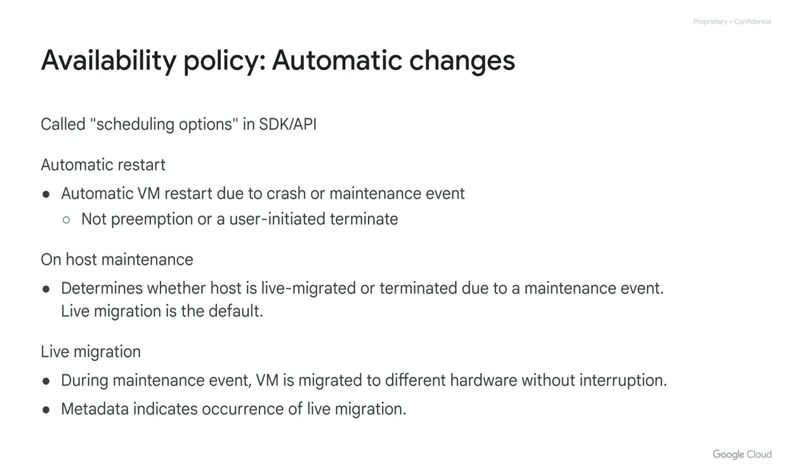If your VM is terminated due to a crash or other maintenance event, your instance automatically restarts by default, but this can also be changed. These availability policies can be configured both during the instance creation and while the instance is running by configuring the automatic restart and on-host maintenance options. For more information on live migration, refer to the link section of this video.